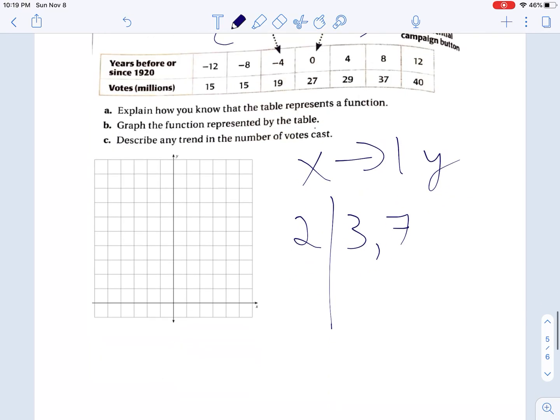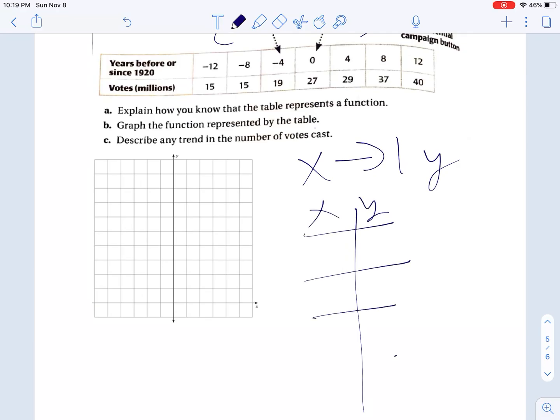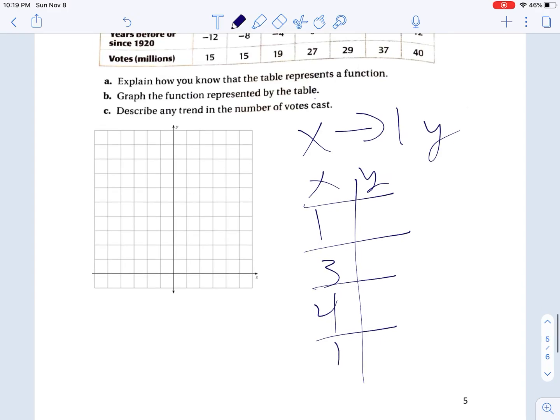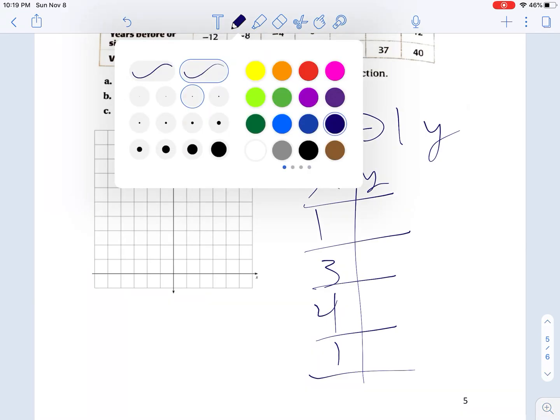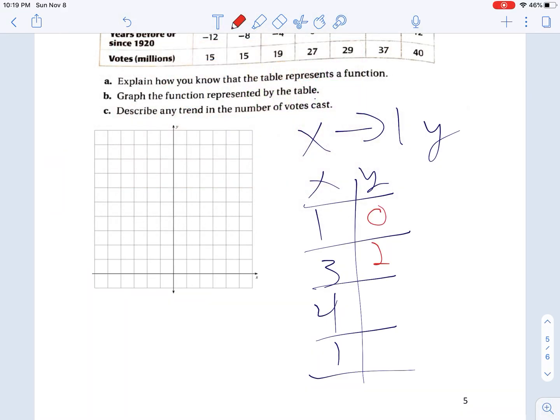For example, if the x value is 2, it doesn't give you the answer of 3 and 7. If you remember, we talked about this, you would have a table of X and Y, and you'd have 1, 3, 4, and 1. And then the Y coordinates would be 0, 2, 9, and 0. This would be a function because the 1 repeats, but every time you see it, you get the same Y value in return.